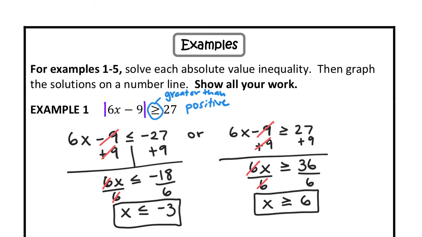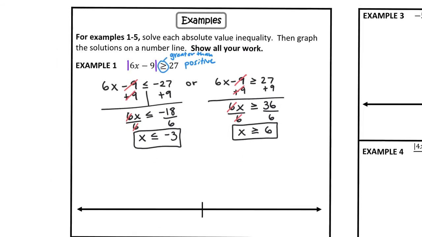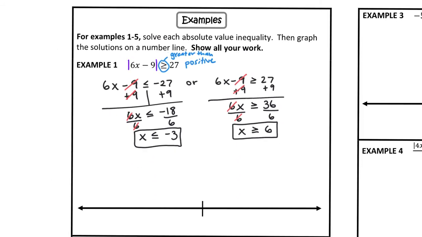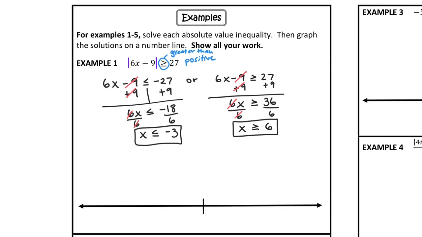Okay, so now that I have these two answers, now I'm going to graph them. So let me zoom out so that we can see the number line. There we go. Okay, so if I have 0 in the center here, let's see, how am I going to space this?